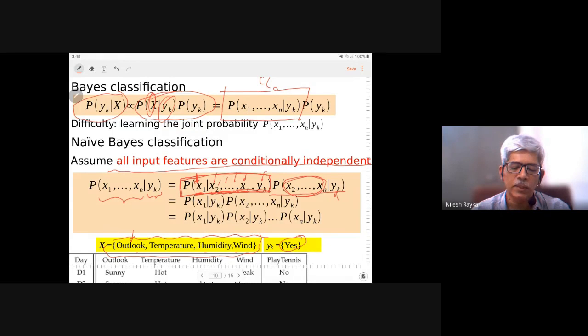That is, what is the probability of outlook being sunny when humidity is something, wind is something, playing is yes. So we are saying that this x1 depends only on yk, it doesn't depend on any of the remaining terms. So this particular square boundary term simply becomes the probability of x1 when yk is happening.